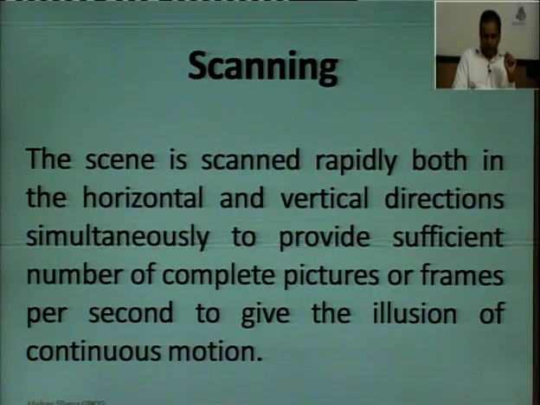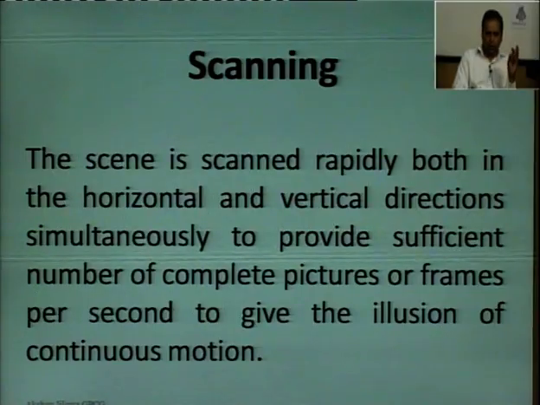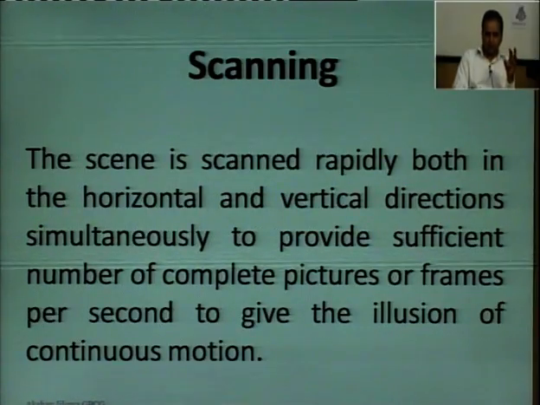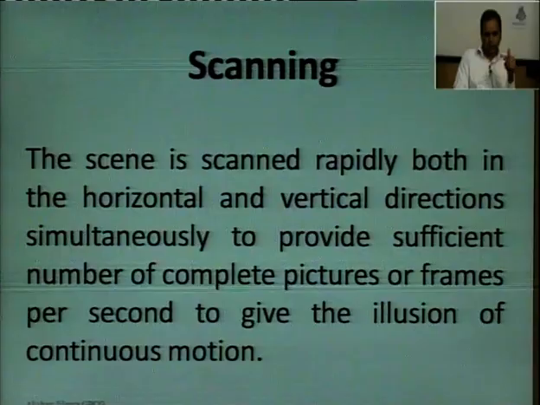It means the scene is to be displayed at such a fast rate that we are not able to judge whether it is a still picture or a moving picture. So, that rate should be fast enough. That is done with the help of a very fast rate of scanning, and then we also show it at the same rate.